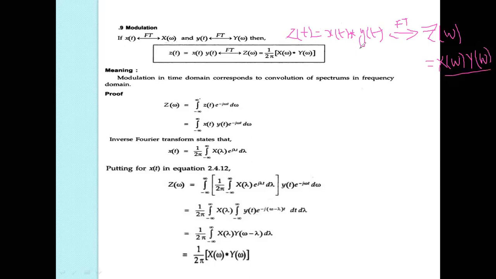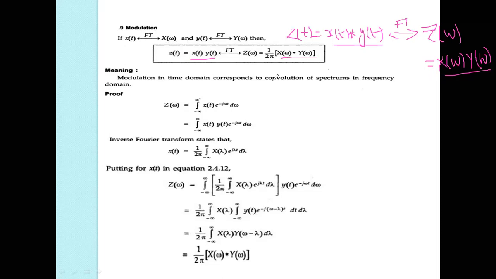That's a product here. Time is convolution and frequency is product; time is product and frequency is convolution. And in the Fourier series also, time is convolution, frequency is product with a factor of T, because it is a periodic signal, T into X of k, Y of k.